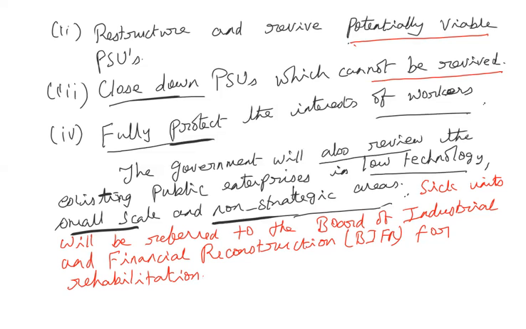The potentially viable ones will be restructured, that is, merged. The ones that cannot be revived will be closed down. And after doing this, there are the companies remaining under the public sector.